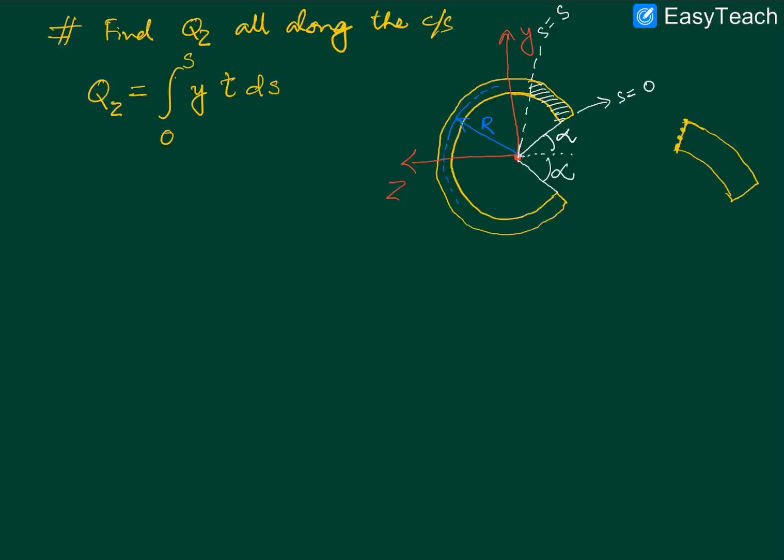So this y would be for a point lying on this blue arc instead of anywhere else on this thickness. So now it becomes quite easy to write.